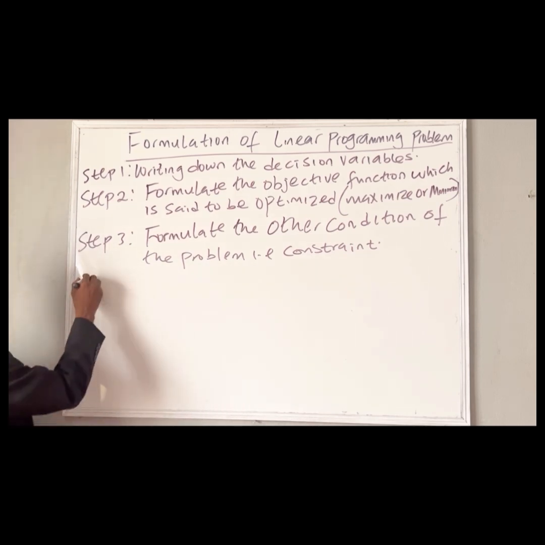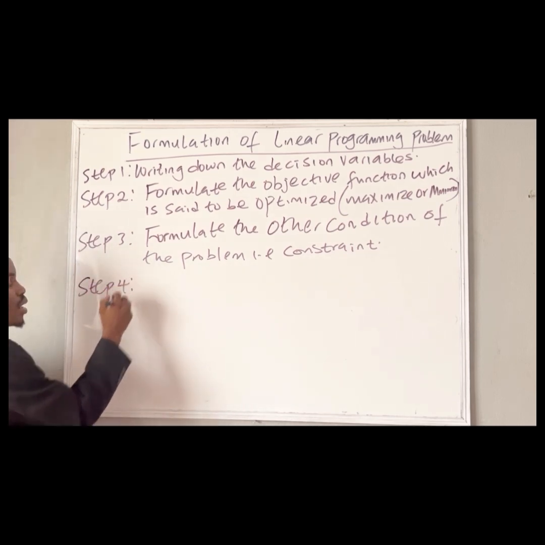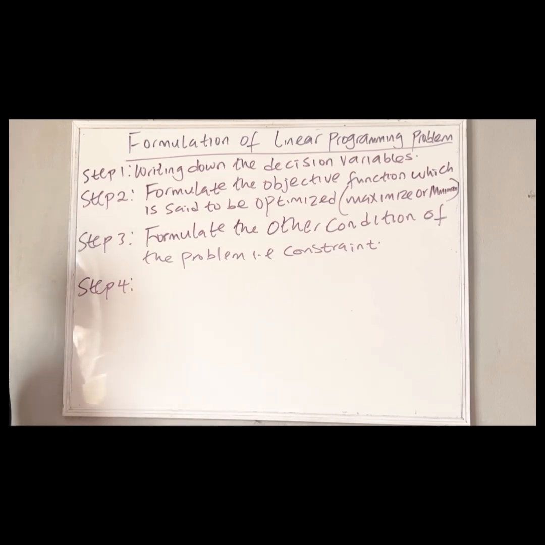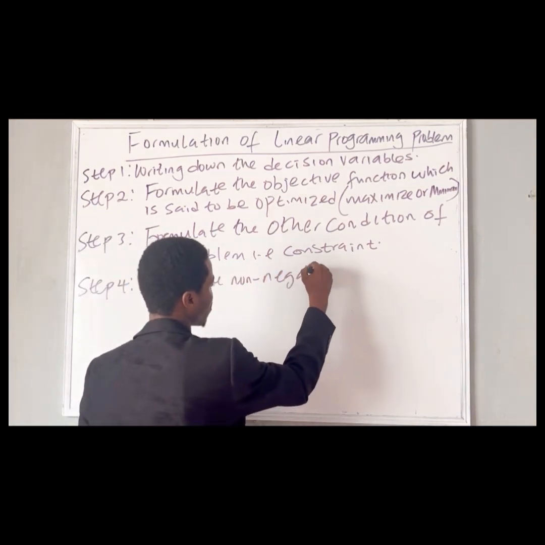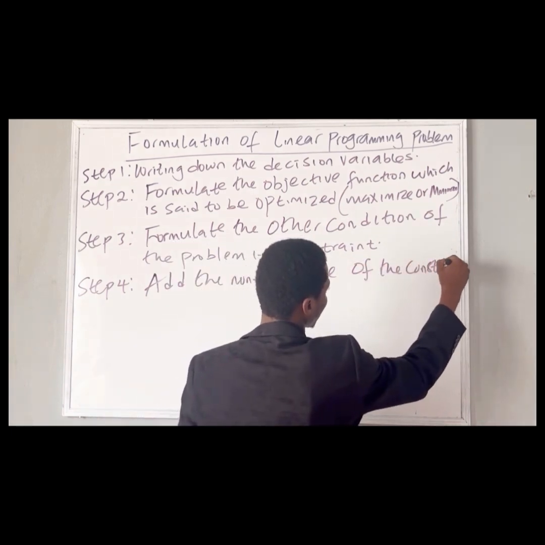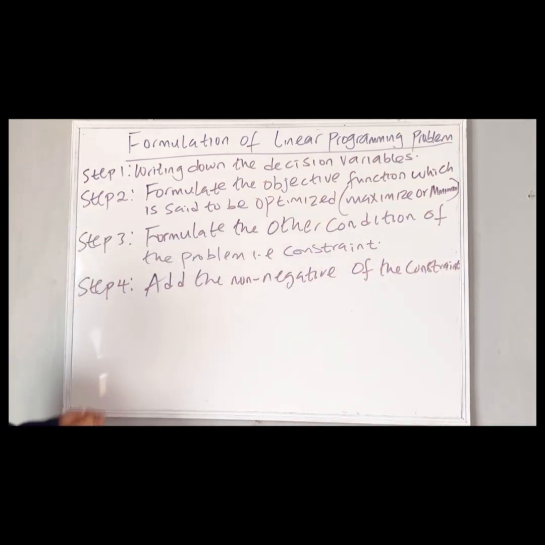The next step, lastly, step 4, is to add the non-negativity constraint. The reason we add the non-negativity constraint is so that the decision variables do not take values without a physical valid interpretation.